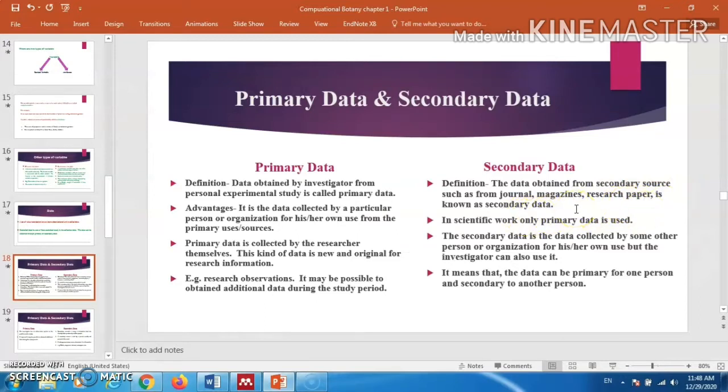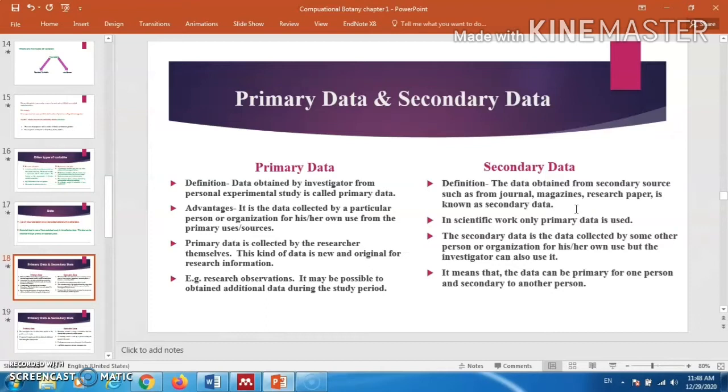Then you can ask me, ma'am, if we collect the data from a newspaper, the data is collected by ourselves, so why is it called secondary data? Because the data in a newspaper or research paper is not collected by you, it is collected by someone else.